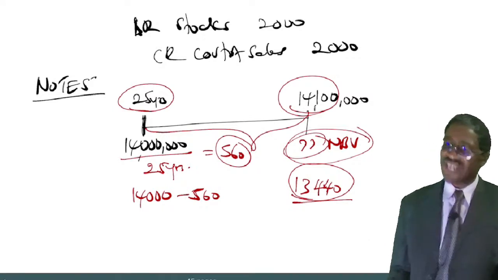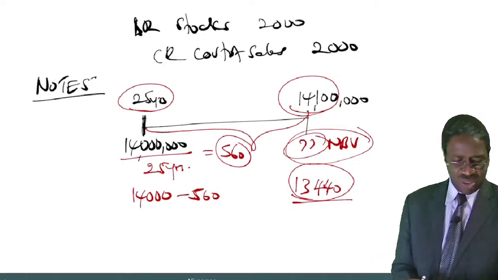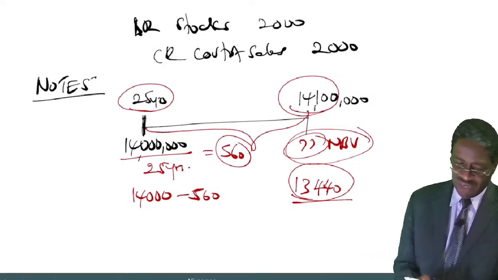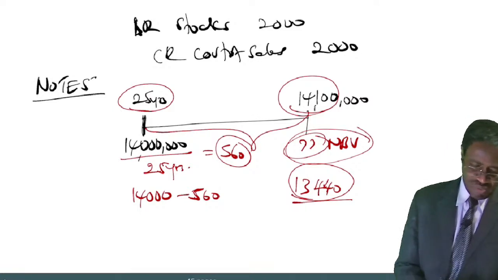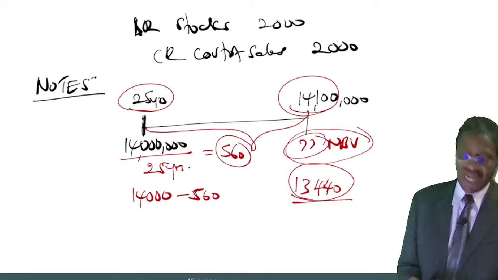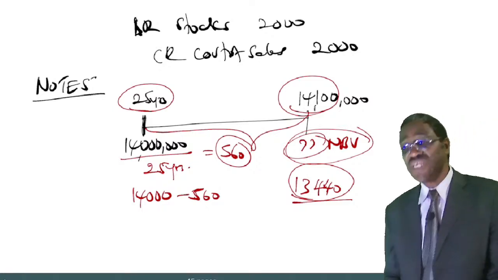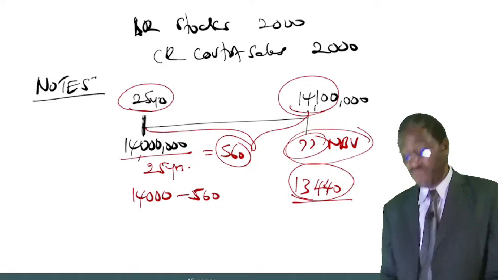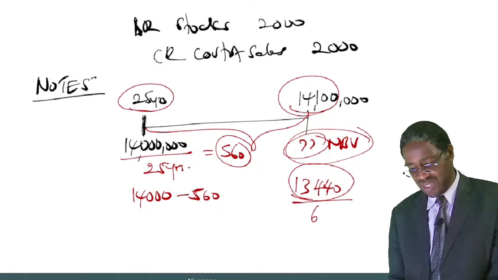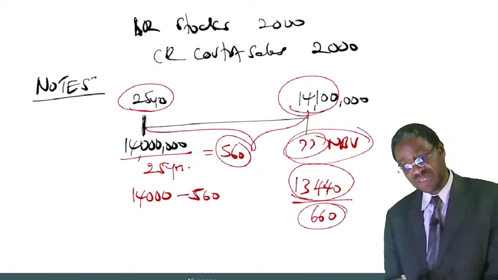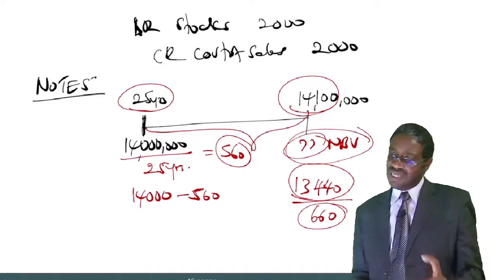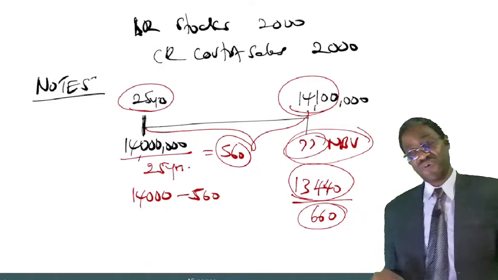How much? That's what the question wanted you to know, which means you take that 14.1, you minus that 13,440. That leaves me with a balance of 660. Listen, that 660 is the gain on revaluation.